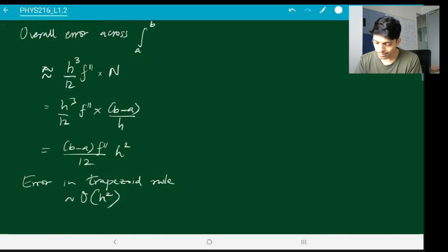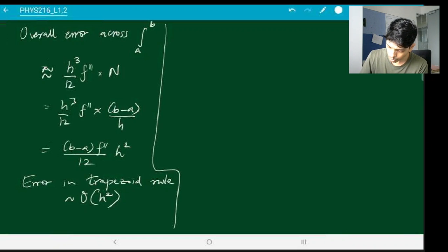So again, this shows that the smaller you make h, the more accurate your answer will be, because your error will be smaller. Similarly, one can do this kind of error analysis also for Simpson's 1/3 rule.